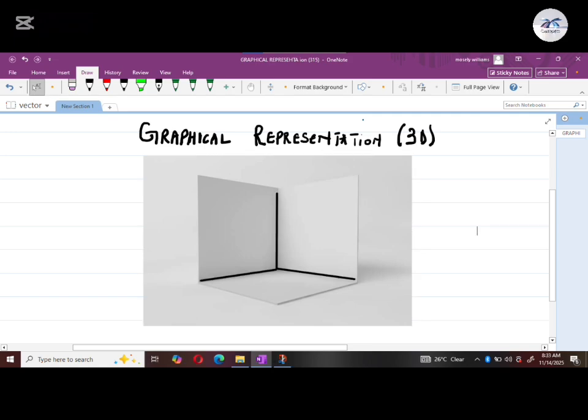Let's say we have one along the z-axis, another along the x and y axes. Each line forms 90 degrees with the other two, which means that they are all 90 degrees. Let's assume we have a unit vector k along the z-axis, a unit vector i along the x-axis, and a unit vector j along the y-axis.